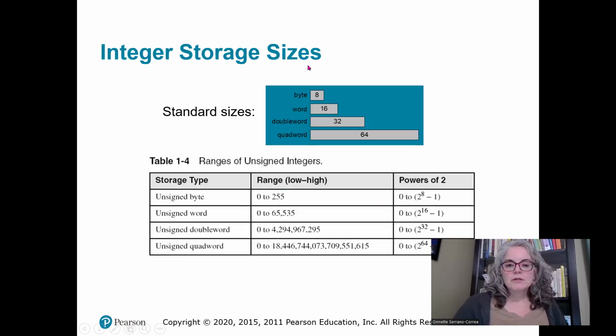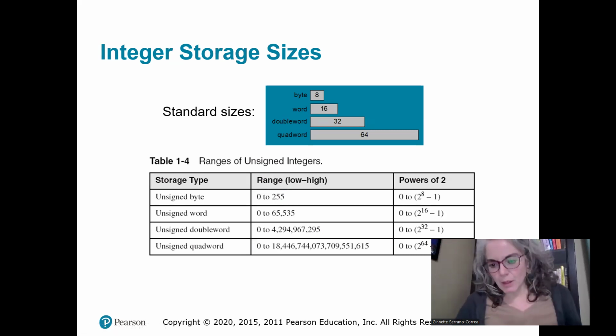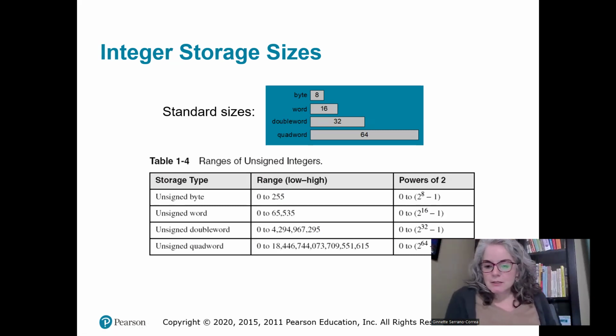Okay, integer storage sizes. When we program in assembly, we're going to be using this terminology for the storage sizes that we create, like a variable. We're going to use the word byte, and byte is going to be 8 bits.